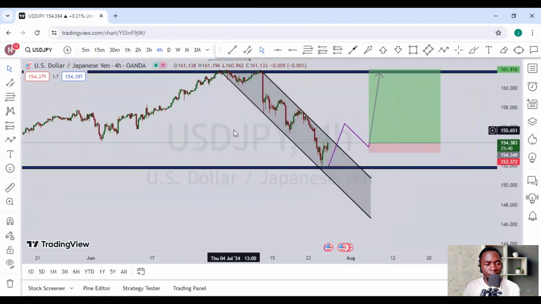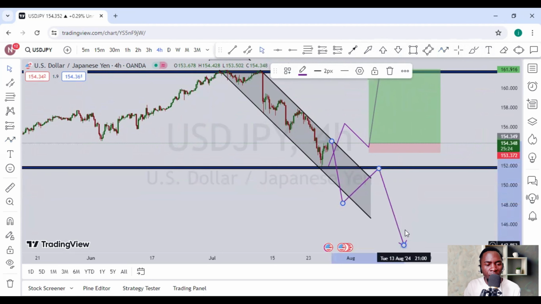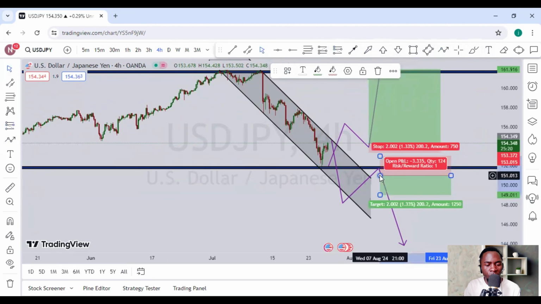Or if the market changes bias to seller, or if the market decides to sell, also expect this to happen. Expect the market to drop from this area to the bottom, retest this zone, then you can take your trade around this place.